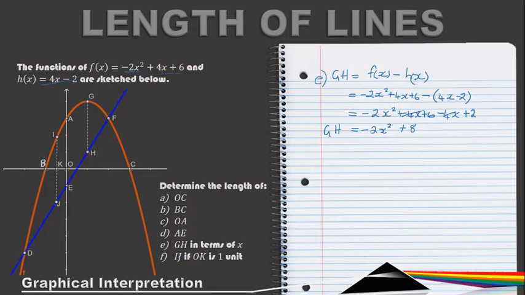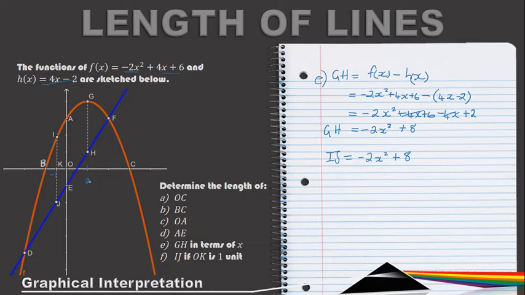Now we want to find IJ if OK is 1 unit. This IJ is the same as this one in terms of x, because this is also the top graph minus the bottom graph. So we can also have IJ equal to minus 2x squared plus 8, whereas GH is just the length where x is, say, 1, and IJ is the length where x is at minus 1.